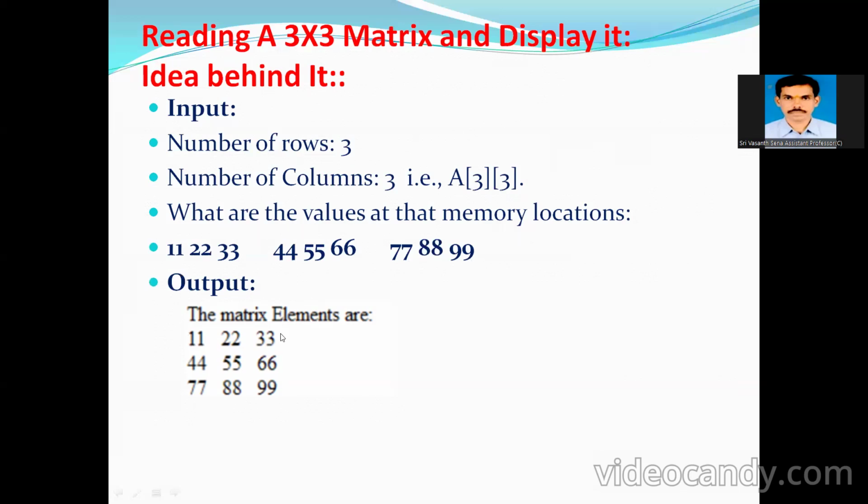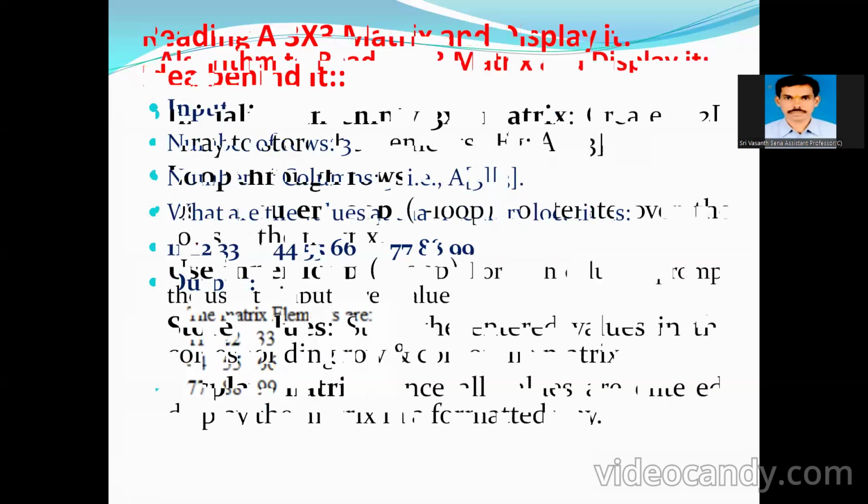So this is my 3 by 3 matrix, 3 rows and 3 columns. What is my intention? I need to read a 3 by 3 matrix and display it by using two-dimensional arrays.